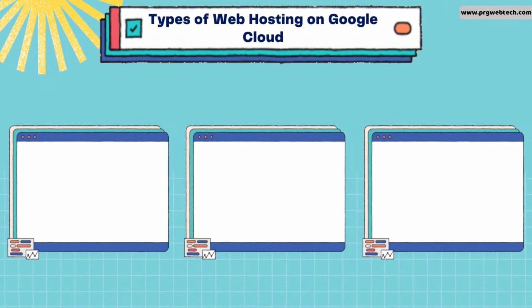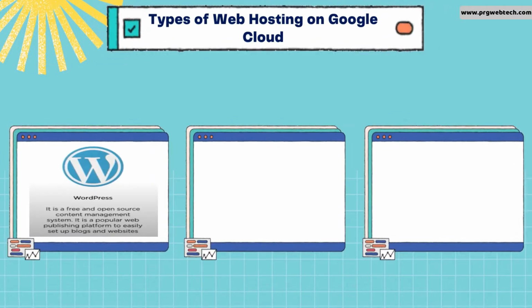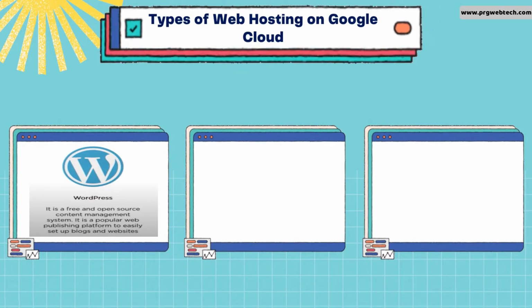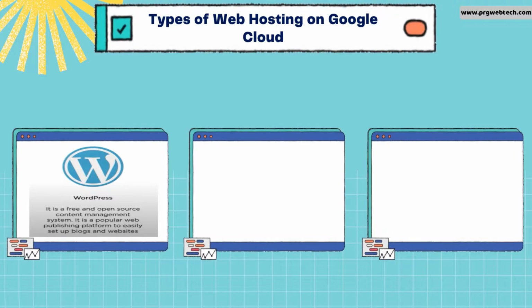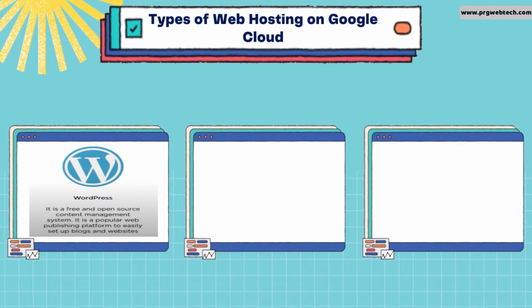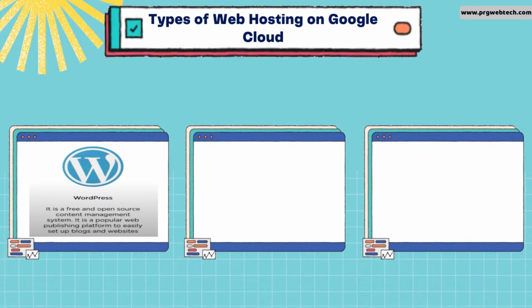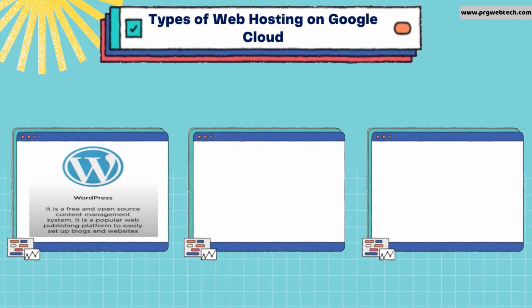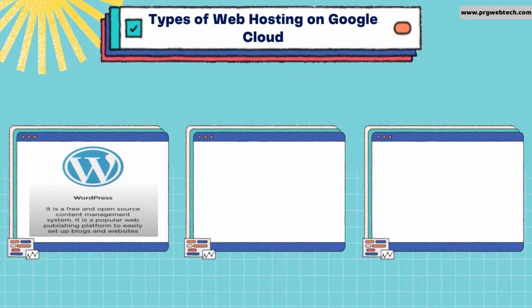Google Cloud offers 3 types of web hosting. Number 1, WordPress. It is a free and open source content management system. You might have used it in the past or have heard about WordPress, where many websites are being created. It is a popular web publishing platform to set up blogs and websites quickly, and is used by organizations or even individual users for their blogs, running their websites, or promoting their products.